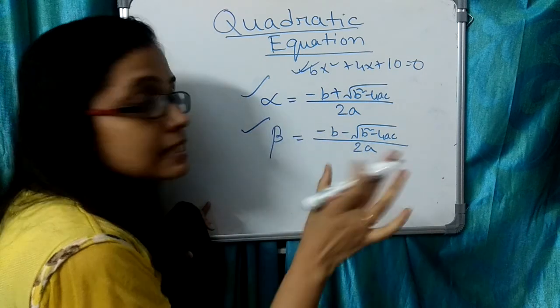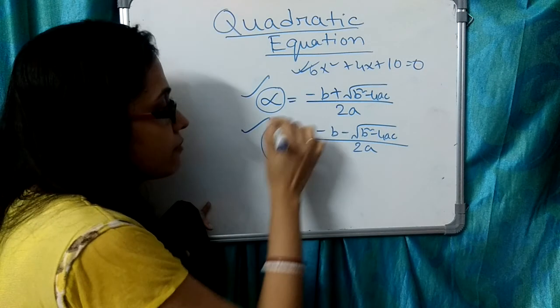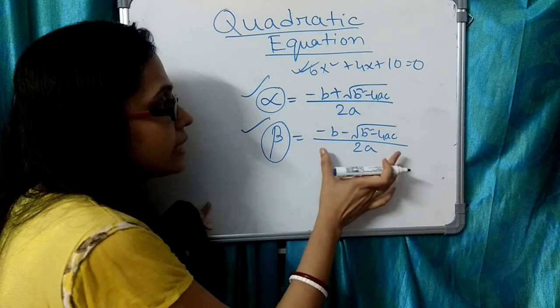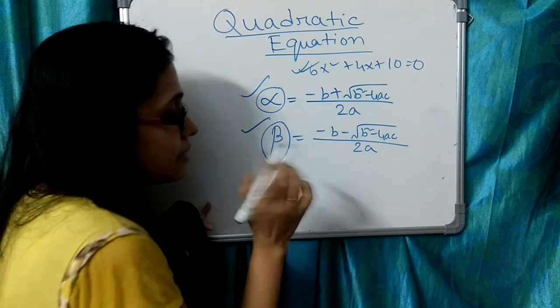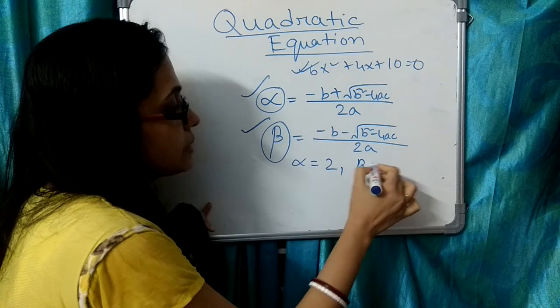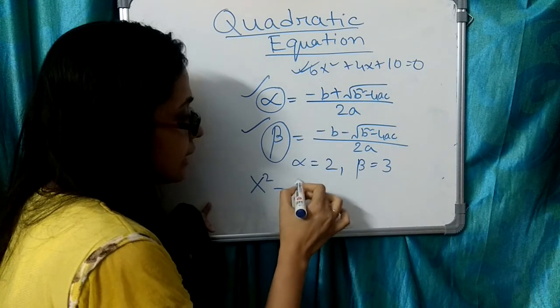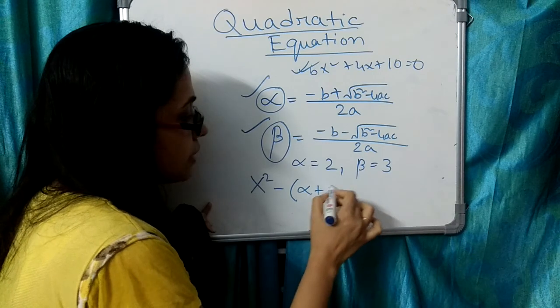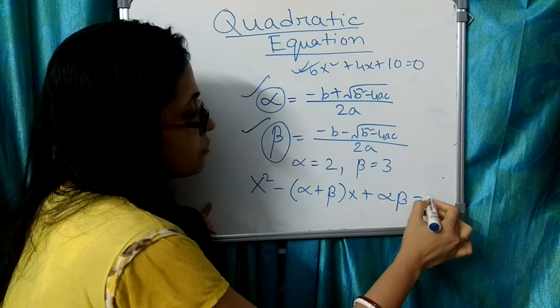We have just considered the two roots with the names alpha and beta. If in a question the value of alpha is given as 2 and the value of beta as 3, then we can form the equation like this: x² - (alpha + beta)x + alpha·beta = 0.